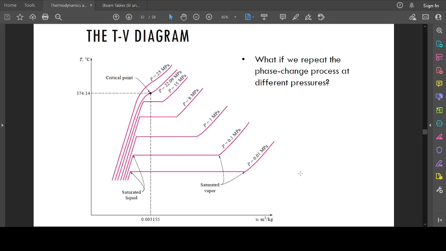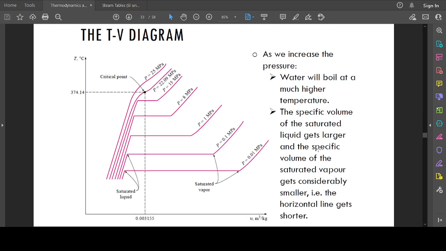If we repeat the phase change process at different pressures, remember each boiling curve represents a particular constant pressure. Here, what happens if heat is added to the system, starting from this section, which categorizes the compressed liquid? You will see that the temperature at which the water boils, which is at this point, increases as the pressure increases as well.